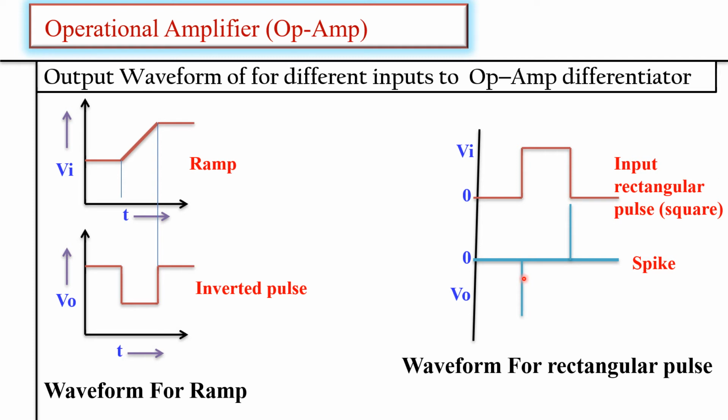So there is a fast transition. In this way, this differentiator circuit can be used to find the high frequency components of the input signal, or we can use it for edge detection purposes. And here we are applying a ramp which is rising, and we get an inverted pulse.